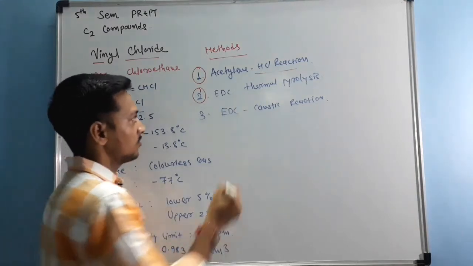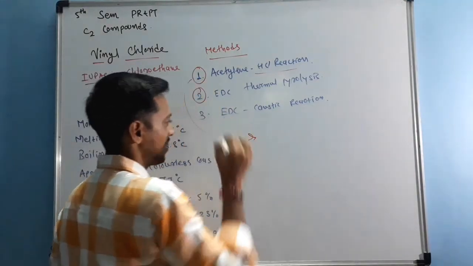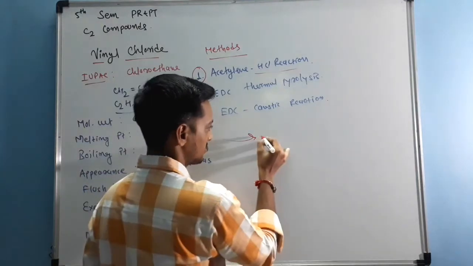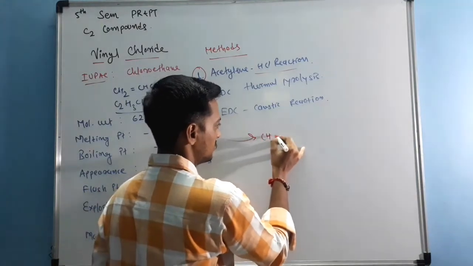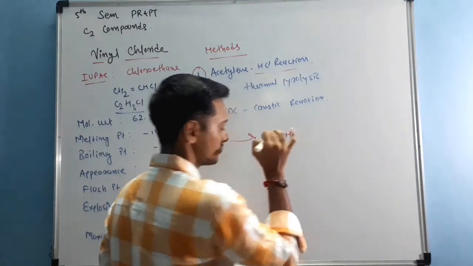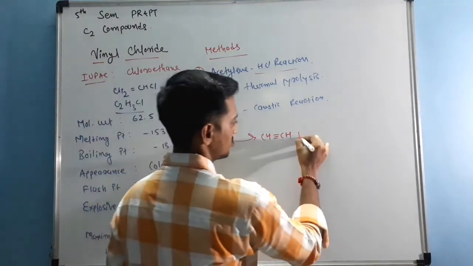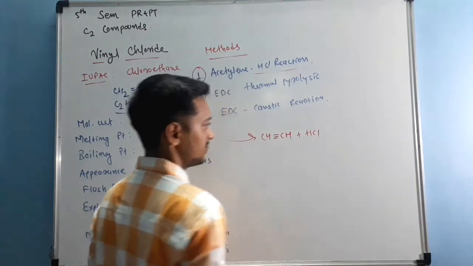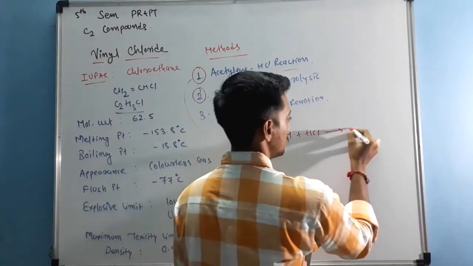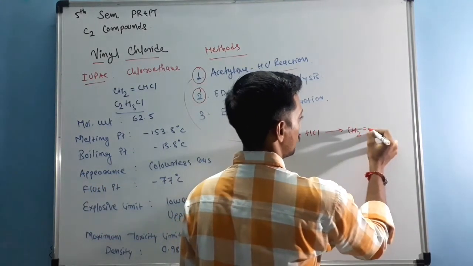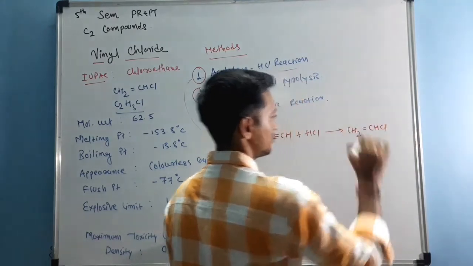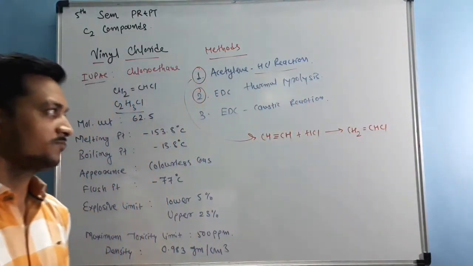So first method, chemical reaction: acetylene CH≡CH plus HCl gives CH2=CHCl.